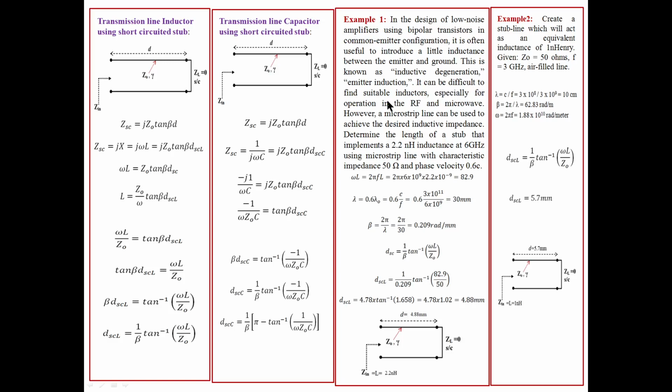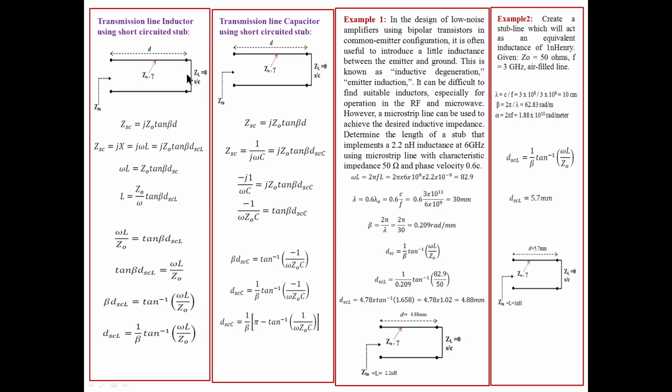It can be difficult to find suitable inductors, especially for operation in the RF and microwave frequency range. With a lumped element, getting that inductor value at a higher frequency is very difficult. So they implement it using a microstrip line, a transmission line.